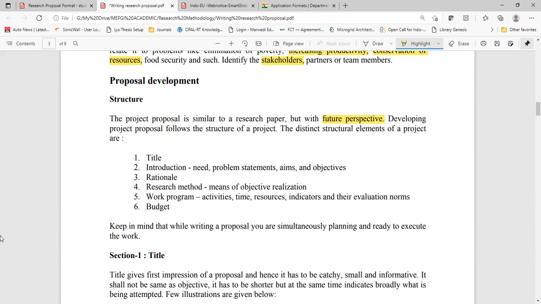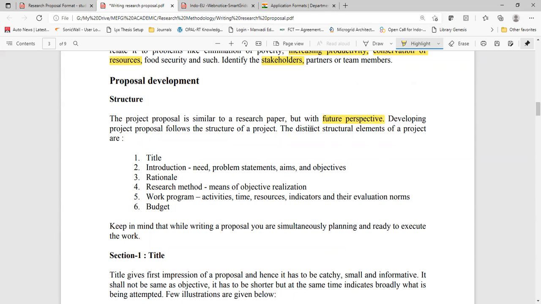You discuss results so that people will be convinced that whatever you have done is authentic, right? Budget is a different thing. In a research paper, you do not find a budget, but other fields in a project proposal are very much similar to a paper, except that there is a future perspective.